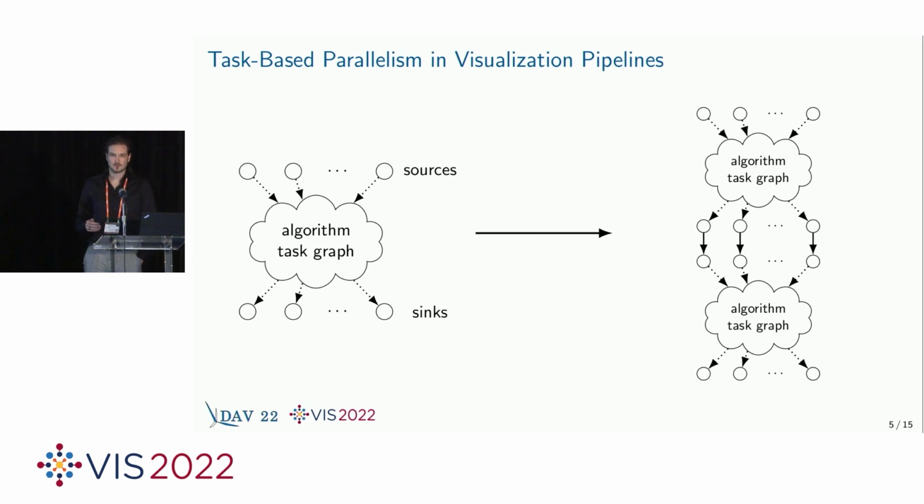And since this graph is a directed acyclic graph, you can identify the nodes that have no incoming dependencies and the nodes that have no outgoing dependencies. And we will call them sources and sinks respectively. These sources and sinks are the connection points for other modules in the pipeline so that we can create an even larger task graph for the whole pipeline that you can see here on the right.